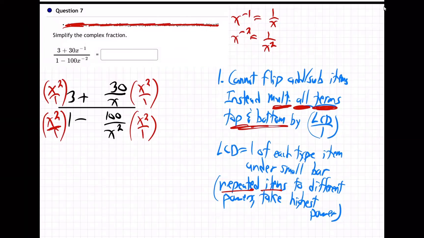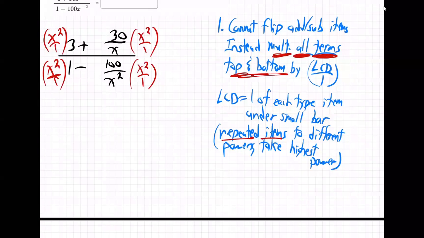Because you have to do equal treatment top and bottom of the fraction. That way you don't change it. If you do the same thing to all the terms on the top and all the terms on the bottom, then the fraction won't change. You'll just clean it up, simplify it. All right. And so now we start canceling stuff. That's step 2. Down here.